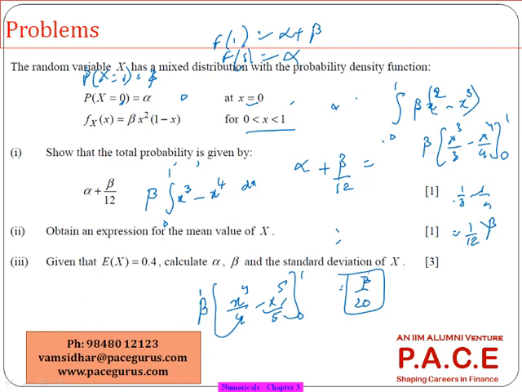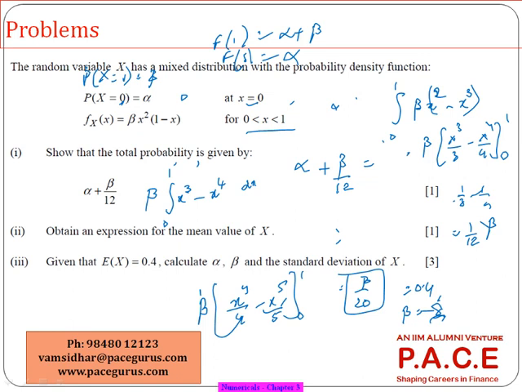Now in the next question he is saying given expected value of x is 0.4, which means beta by 20 equal to 0.4. So beta is coming out to 8.